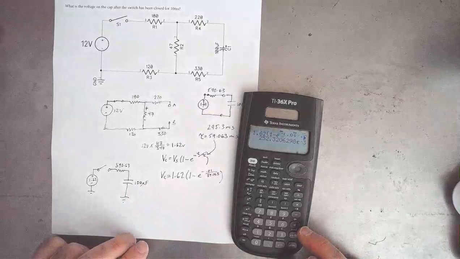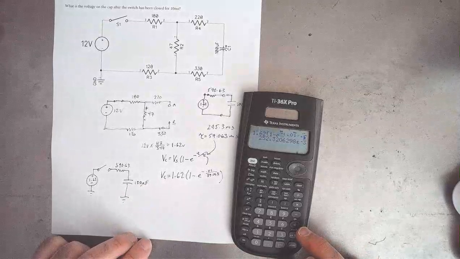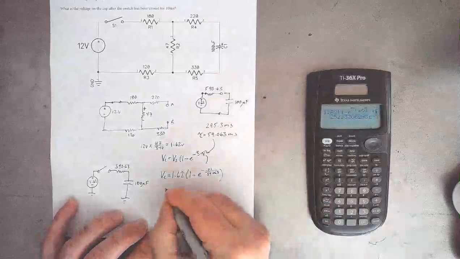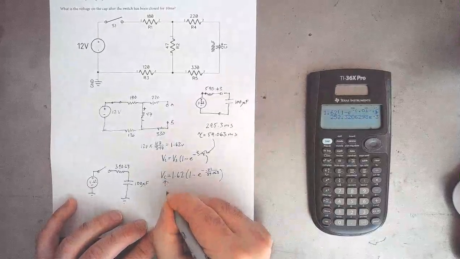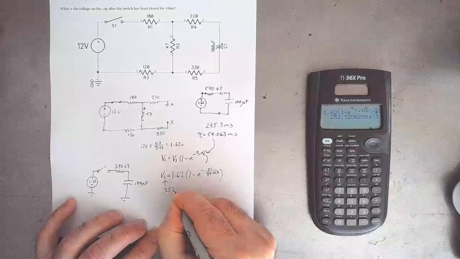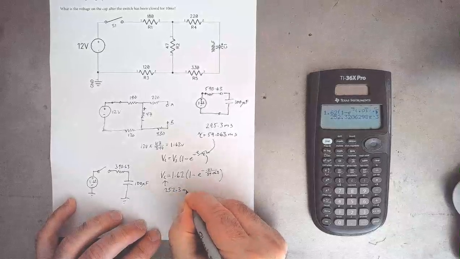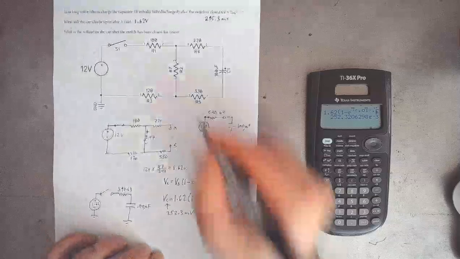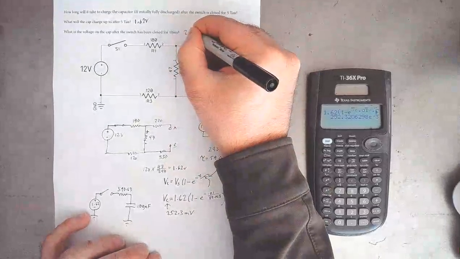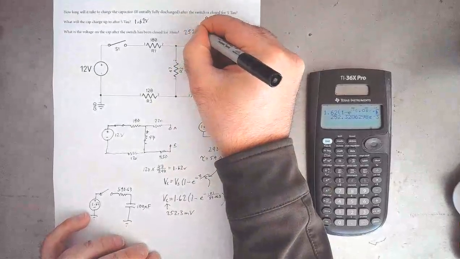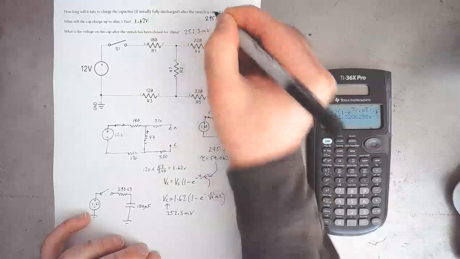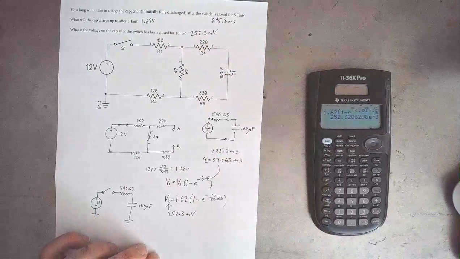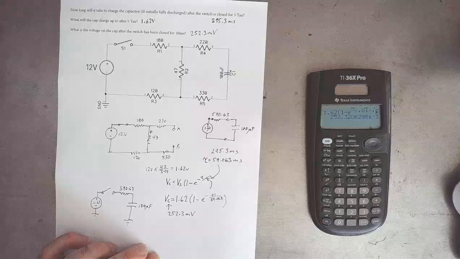And I am getting 252.3 millivolts. And put that up here. 252.3 millivolts. Does that all make sense?